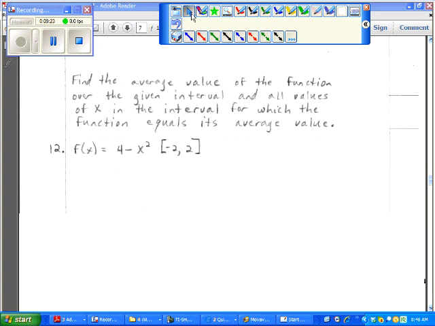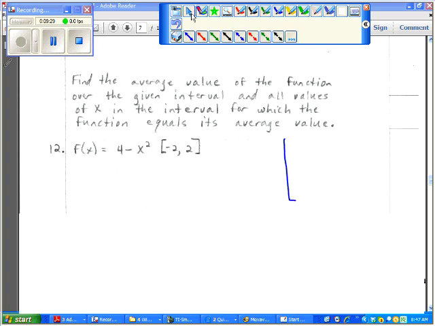The idea is that if we were to have some kind of a graph here in a curve, and we know that this would be up 4, 1, 2, 3, 4, and it would be a parabola that is opening down, right? So it would look something like this.